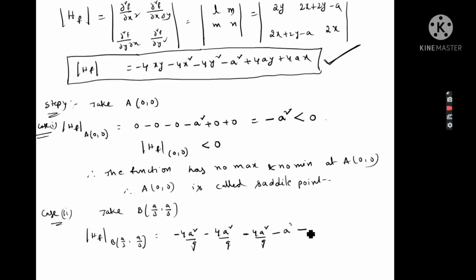Minus a square plus 4 a square by 3 plus 4 a square by 3, since here it is 4ay, y value is a by 3. So a into a by 3 gives a square by 3. If we simplify, we get a square by 3, so the final answer is a plus a square by 3. So it is greater than 0. So I get HF at this point is greater than 0.